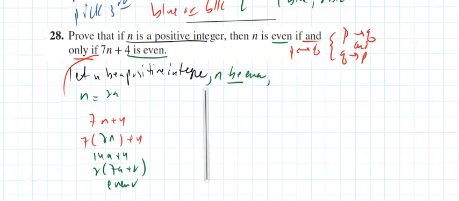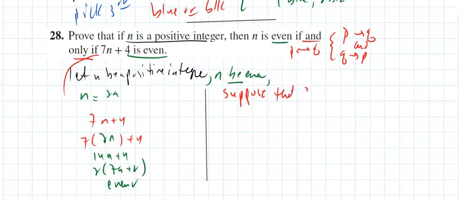Now, I'm going to go for the other piece. I'm going to say, suppose the counter is true. Suppose that 7n plus 4 is even. Of course, we're assuming n is a positive integer.